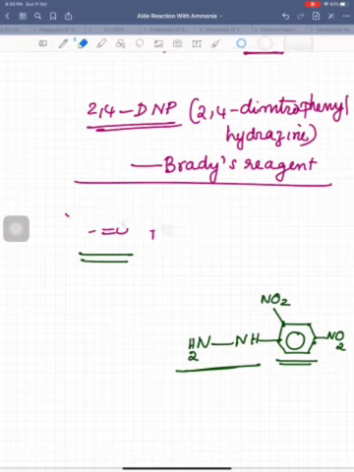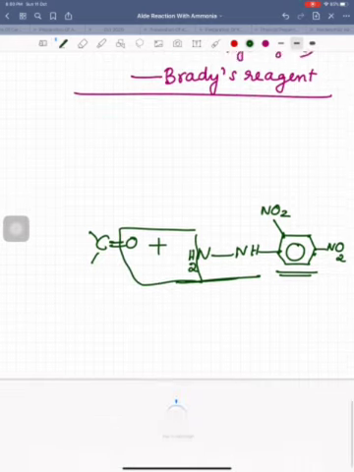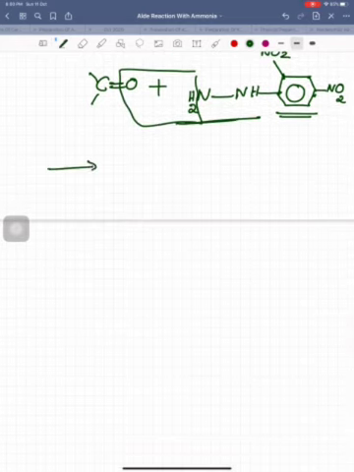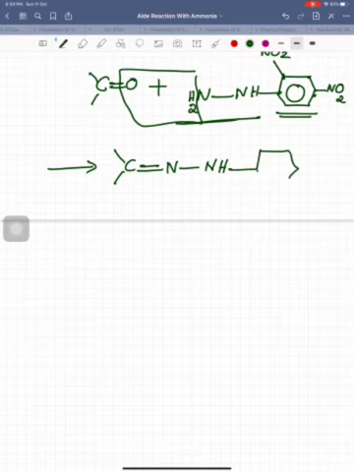So I am just writing this carbonyl group along with this particular compound, so then only we can remove the water. When we remove this water, rest of all the portions you join here. So what's the resulting thing? NH, then NO2, here NO2.